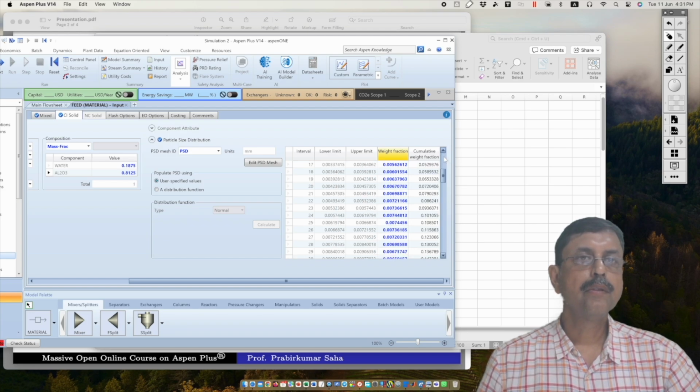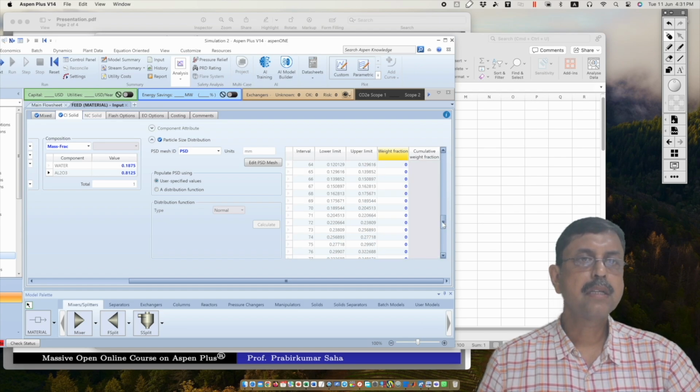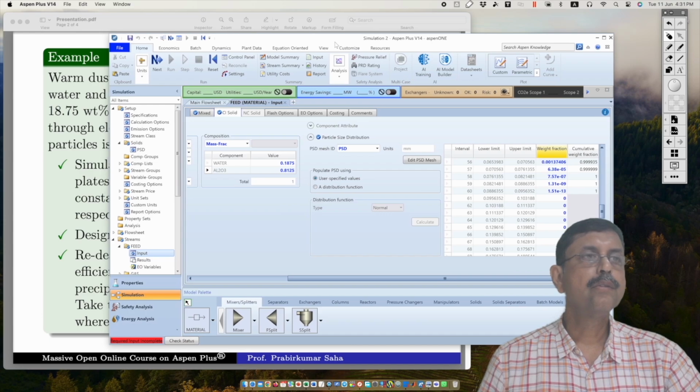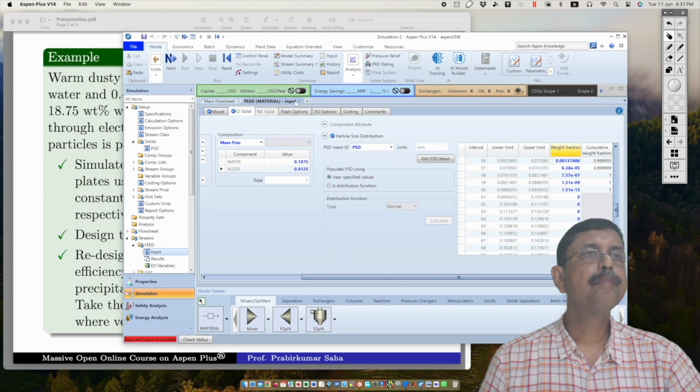Yes. So we have fixed the weight fraction. So feed is defined.